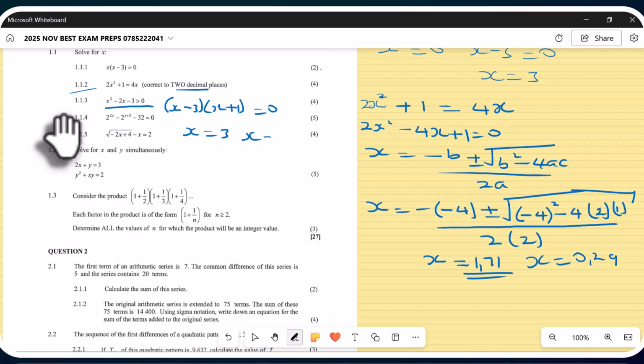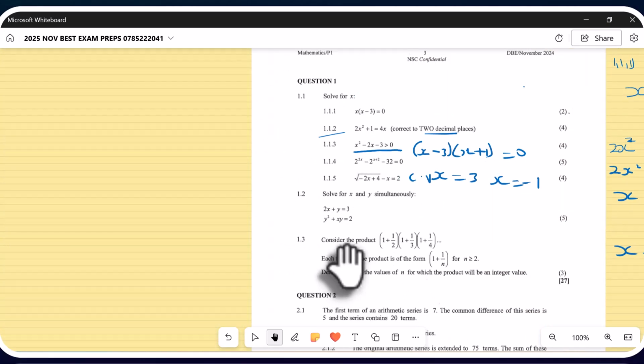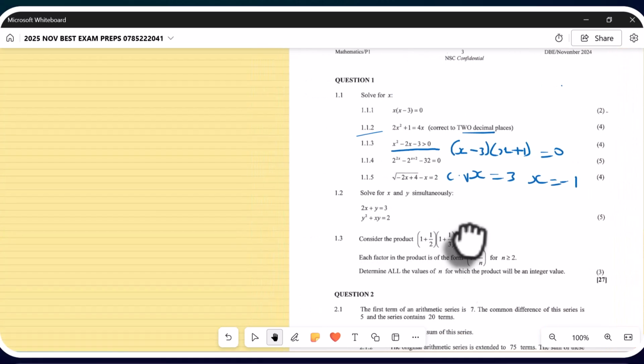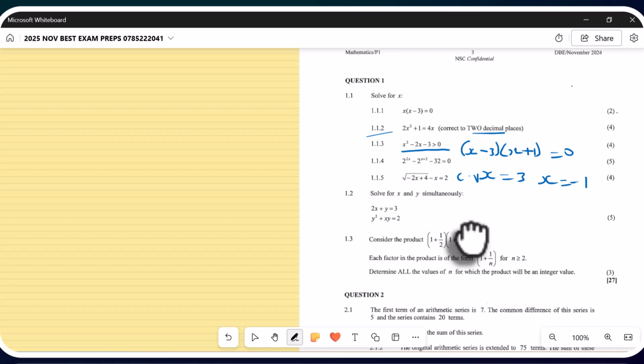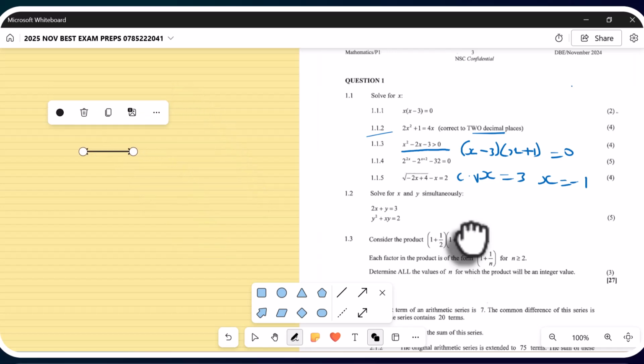Okay. After getting critical values, now what you do then, you come and use them on the number line here together with the parabola, sorry. So if you check this x squared, it's positive, ne? Positive x squared. So the shape of our parabola here is going to be positive oriented. So here we have the number line where we're going to put our critical values, okay?